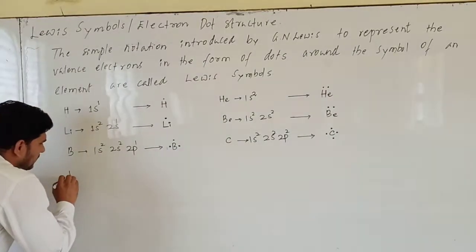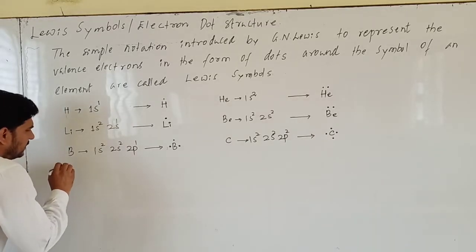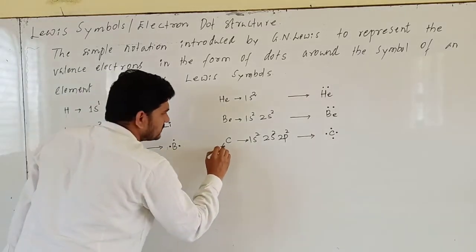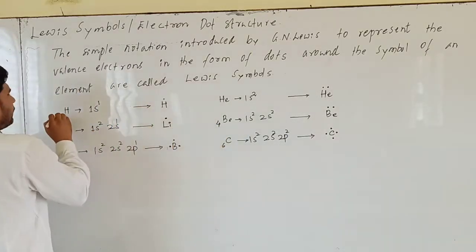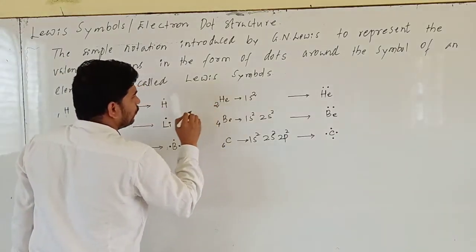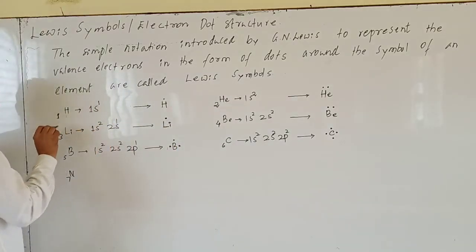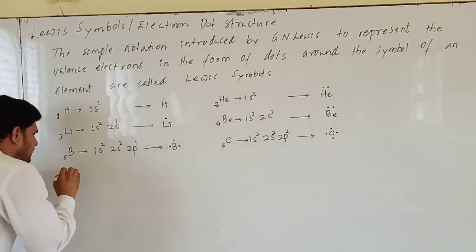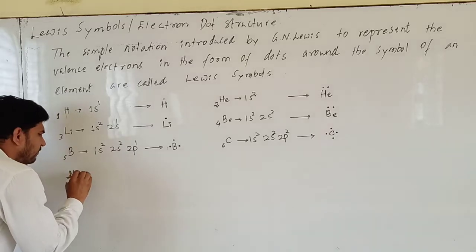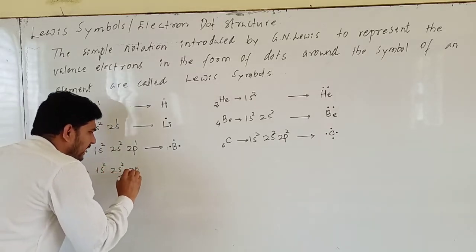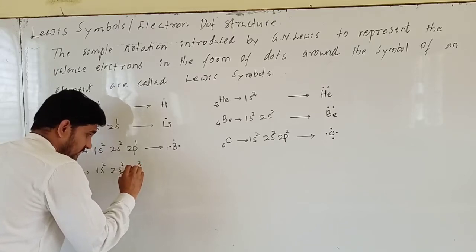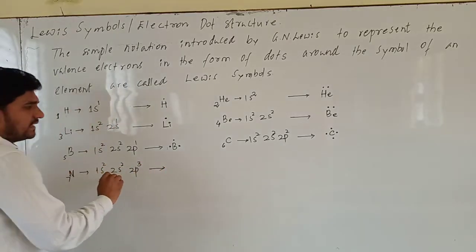Nitrogen, with atomic number 7. What is the electron configuration? 1s2, 2s2, 2p3. Totally how many valence electrons are there? Five.